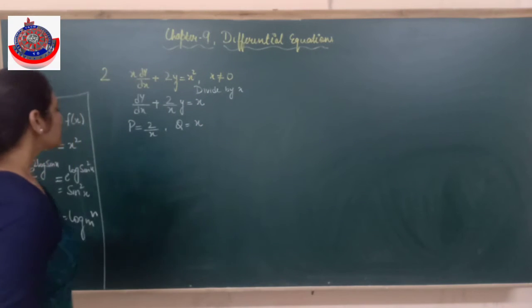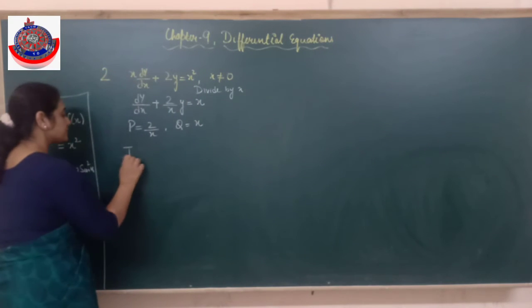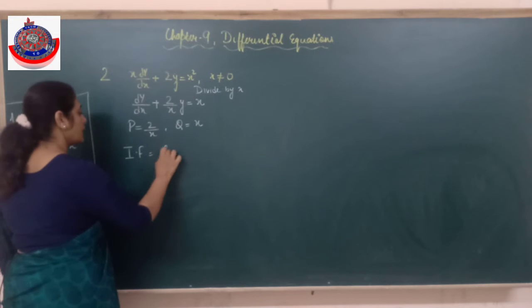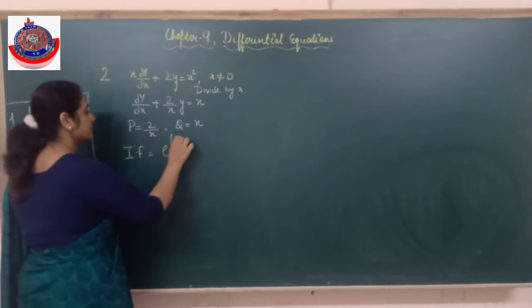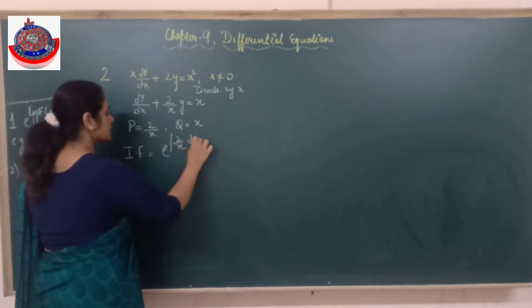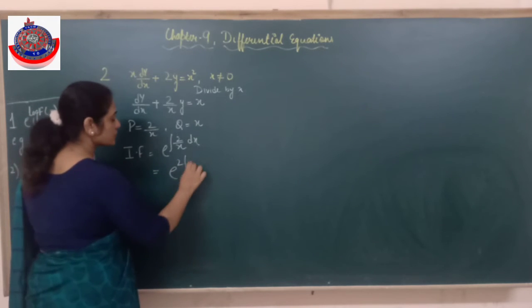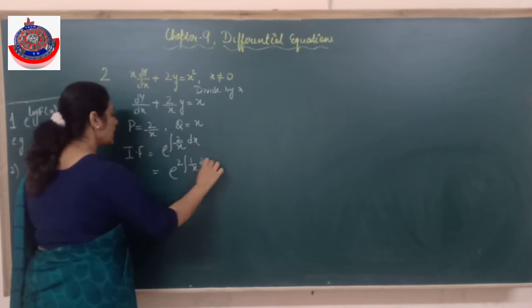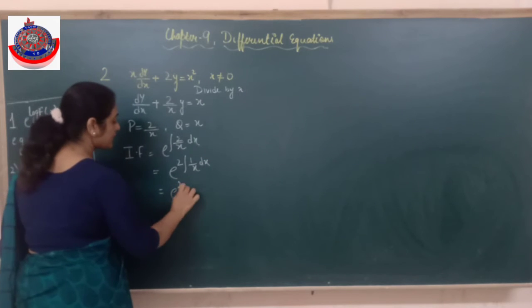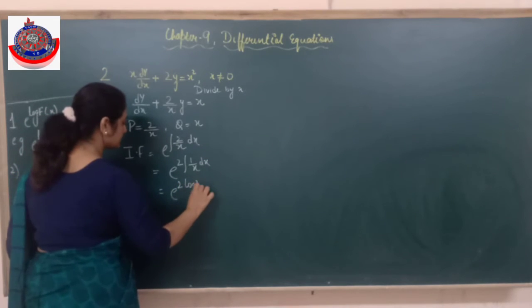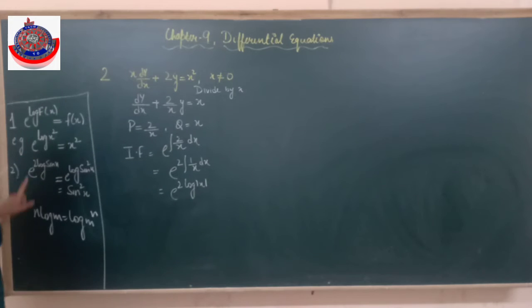Clear? Now what? Integral factor. E raised to power integral of p dx. Integration, 2 will go out. Integration of 1 by x is log x. Very important rule, I told you, these rules will be applicable.